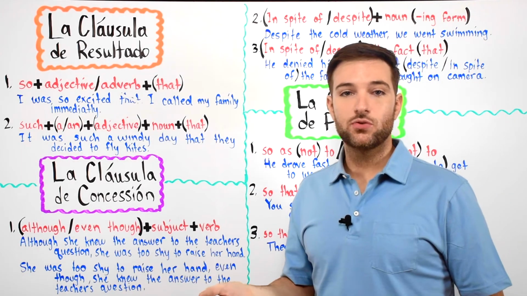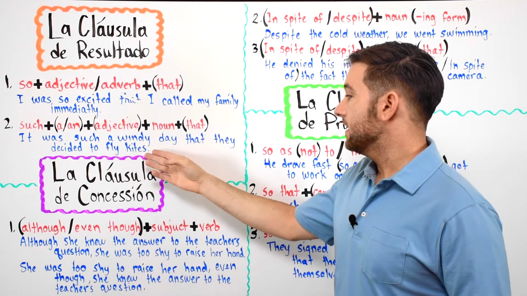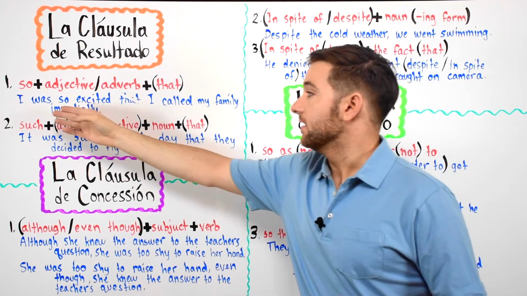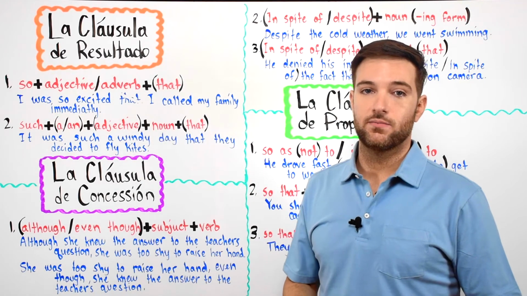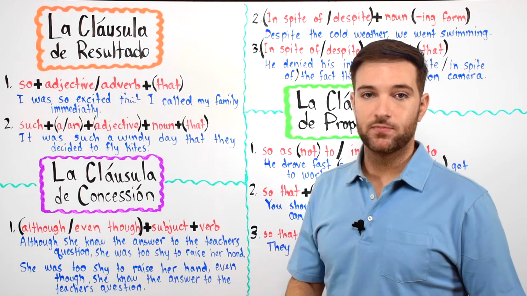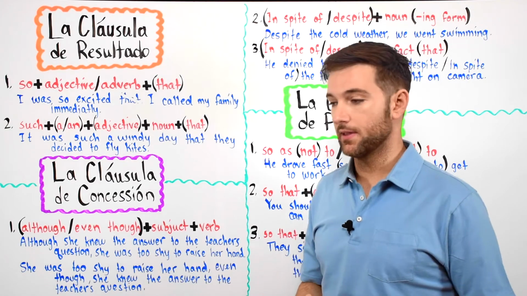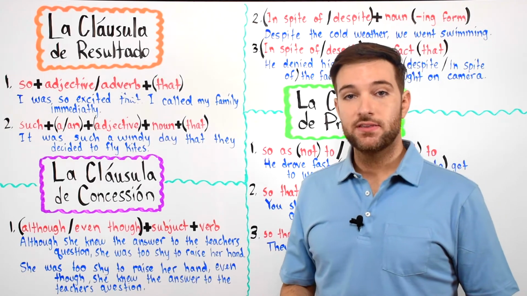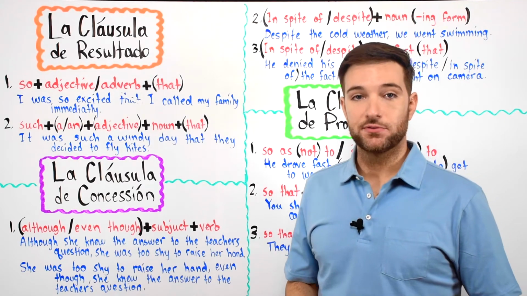Como, it was such a windy day, they decided to fly kites. I was so excited, I called my family immediately. So, you don't have to use that. We omit it. Omitir, to omit.